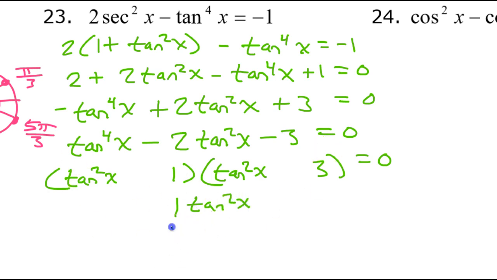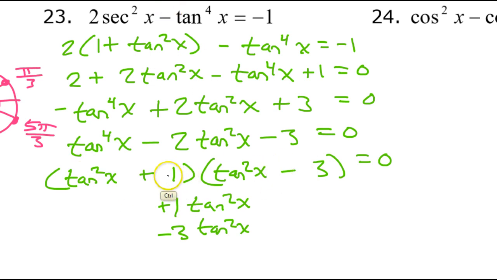Outer, I have 3 tangent squared. The middle is -2 tangent squared. So that means this would have to be a +1 and this would have to be a -3 in order to make -2. So that means that this will be +1 and this will be -3 to make the -3.